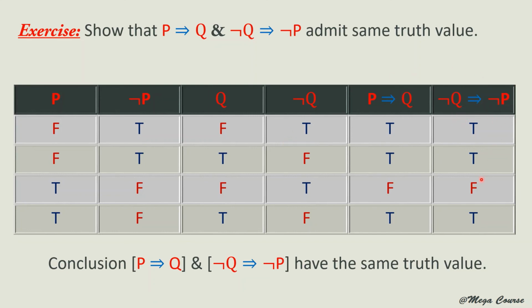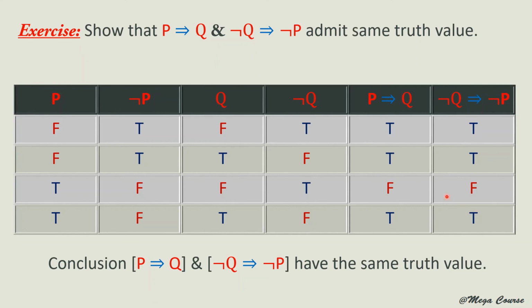Now when not Q is false and not P is false, false gives us false. This is a true statement. Then we have not Q implies not P true. Here we proved it already. We proved the exercise.